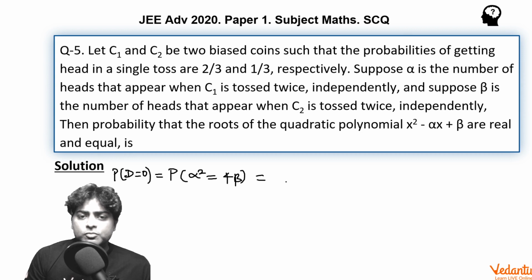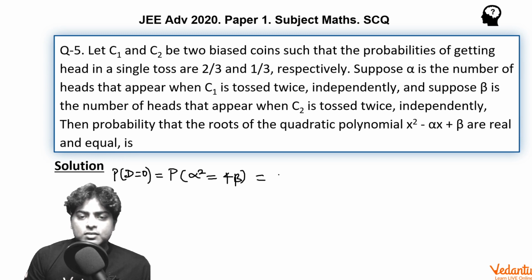Obviously for alpha to be 0 and beta to be 0, it is true. When alpha is 1, there is no choice for beta, because 1 is equal to 4 beta is not possible. And when alpha is 2, we have only one choice for beta, beta should be 1.